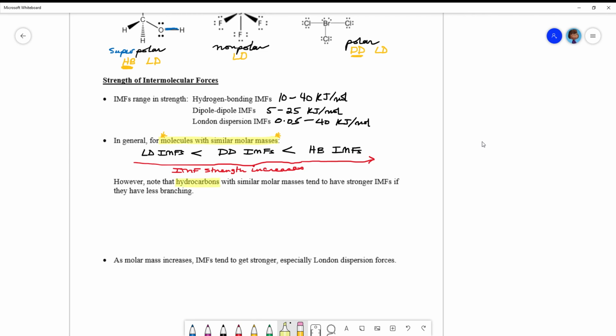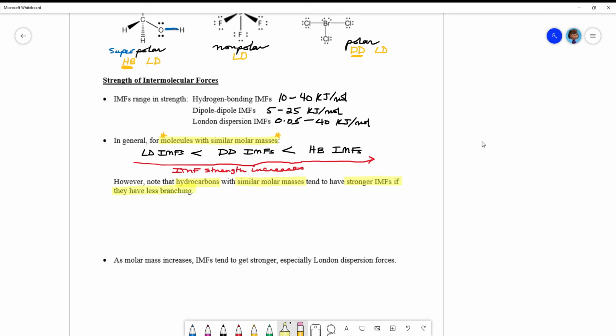It's a molecule composed of just carbon and hydrogen, which makes it a covalent substance composed of molecules. So hydrocarbons with similar molar masses tend to have stronger IMFs if they have less branching.